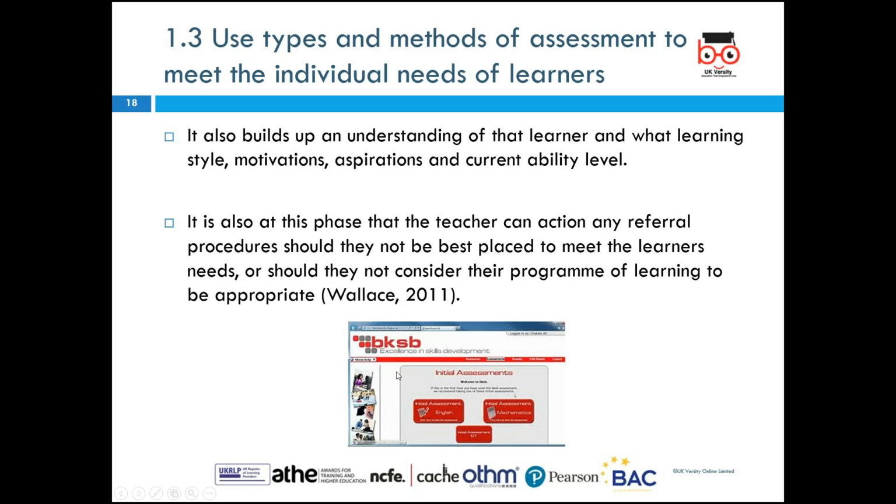They'll get you to do those tests online, and then they'll give you results saying, oh, you've got a level 2 in English as your natural result, or a level 1 or a level 3 in maths, and so on. It saves your teacher from having to spend time physically marking your work, because it's a software program that does everything for you automatically. It's easy to administer, and it's just done.